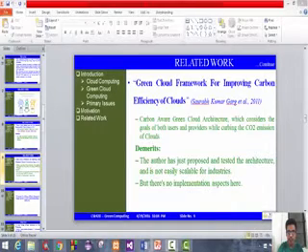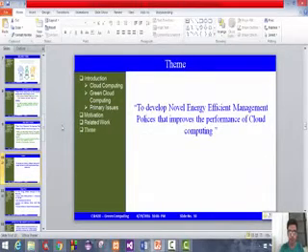Many studies have been proposed to make these data centers energy efficient using technologies such as virtualization and consolidation. Still, these solutions are mostly cost-driven and thus do not directly address the critical impact on environmental sustainability in terms of CO2 emissions. Hence, in this work, we propose a user-oriented cloud architecture framework. The theme of this paper is to develop novel energy-efficient management policies that improve the performance of cloud computing.